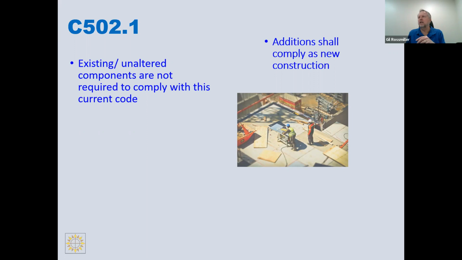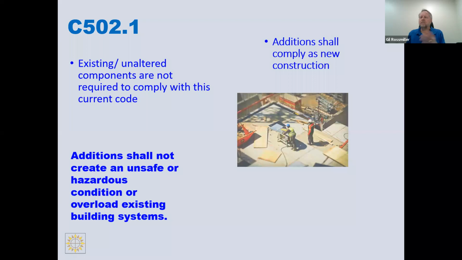Yeah, the existing unaltered components are not required. That's the overarching piece here. If you don't touch it, you don't have to deal with it. We're in good shape, as with anything, right? And the addition itself can't create an unsafe or hazardous condition or overload existing building systems. When you deal with commercial buildings, typically you've got a design professional involved, and they're not going to do that.